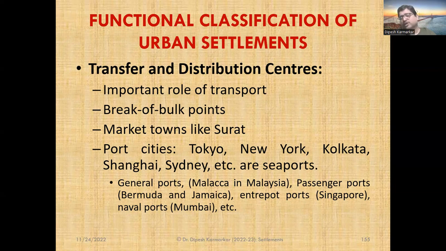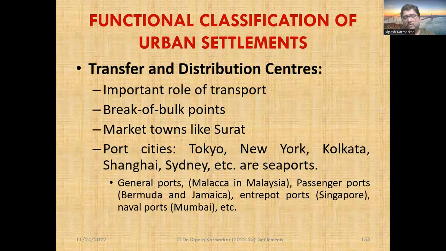So some specific locations include the break of the bulk point, where it becomes necessary to change over the mode of transport. So for example, from road transport, we are moving into river transport. If you go to places like Goa, there are numerous locations in Konkan, also in the western coastal plains in India, where there are many such break of bulk points where you have to cross a river.